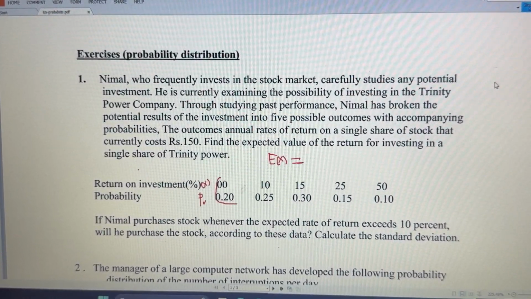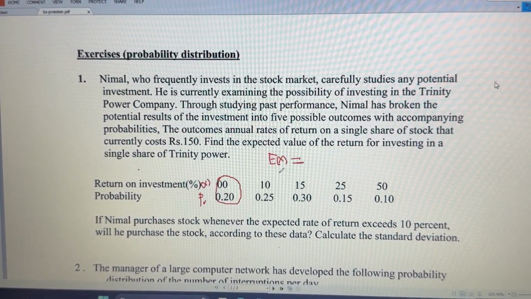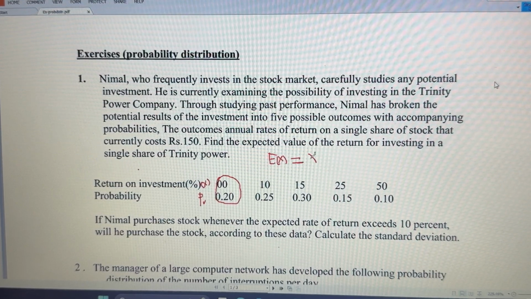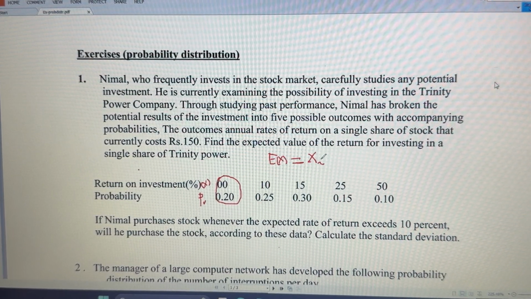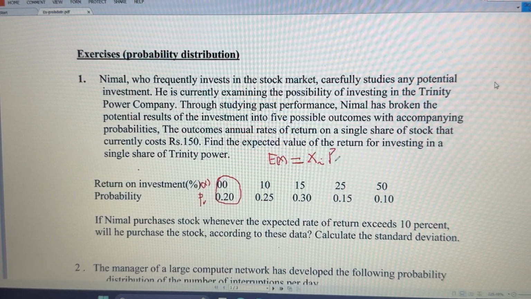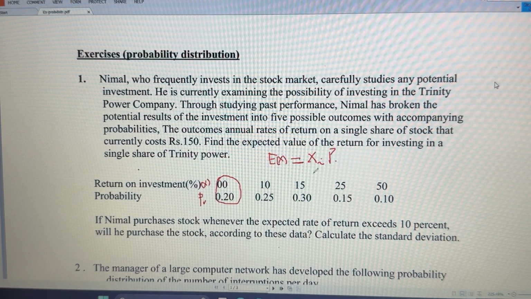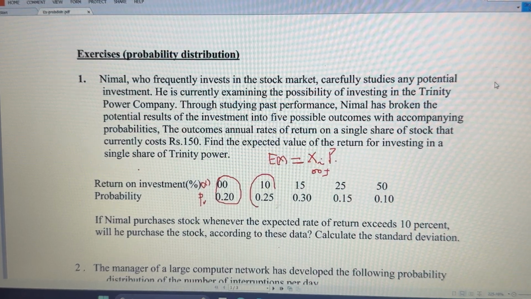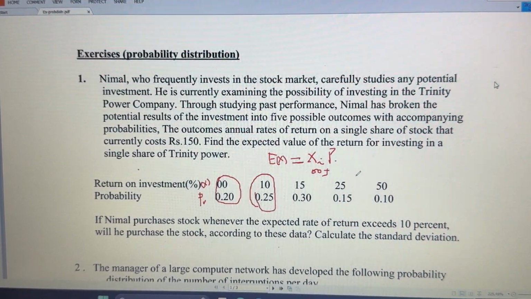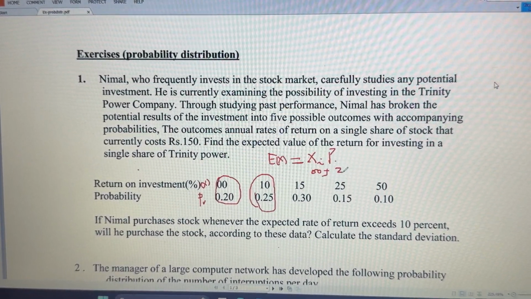This both you have to multiply, means XI PXI, no? So when you multiply, it's a 0. Then plus you multiply this both, then it is 2.5.